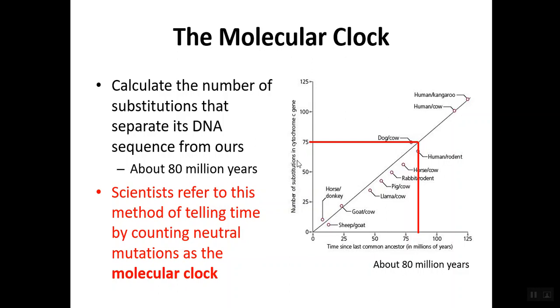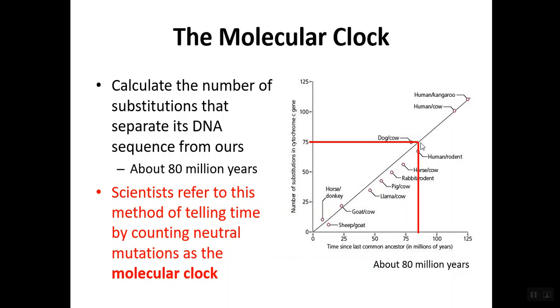When we look at the number of neutral mutations or substitutions, we can set up a graph like this, where the time of split, or time since the last common ancestor in millions of years, is on the x-axis, and the number of substitutions of the particular protein we're looking at is on the y-axis. In this case it is cytochrome C, but it could be hemoglobin, for instance.